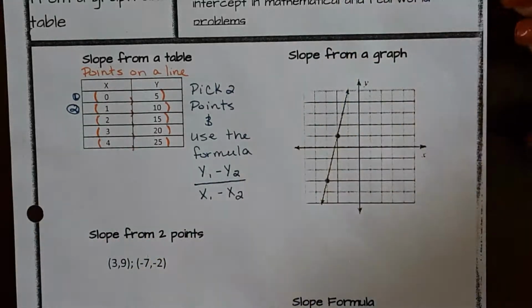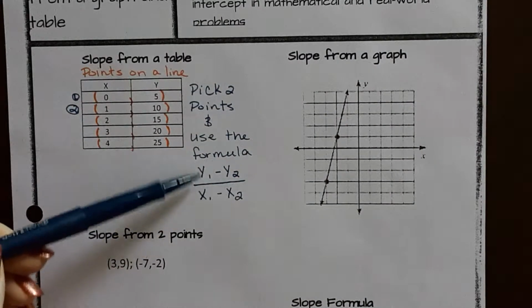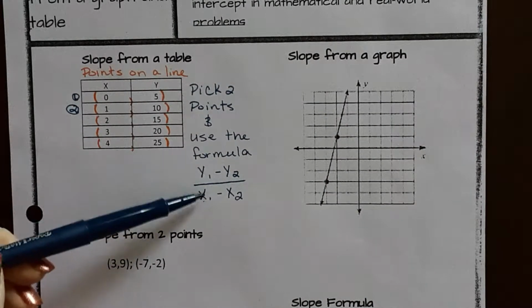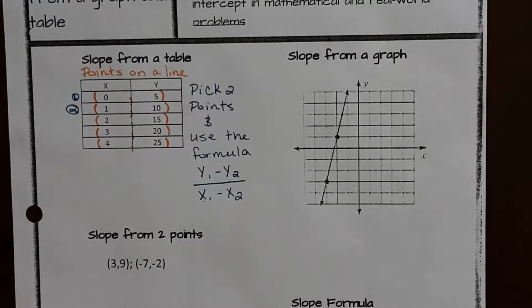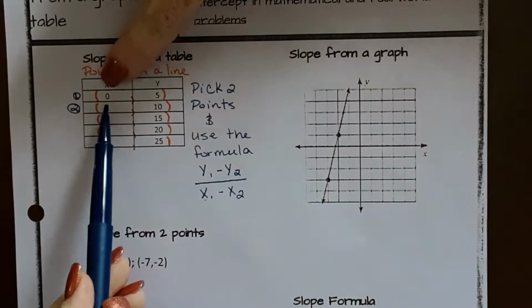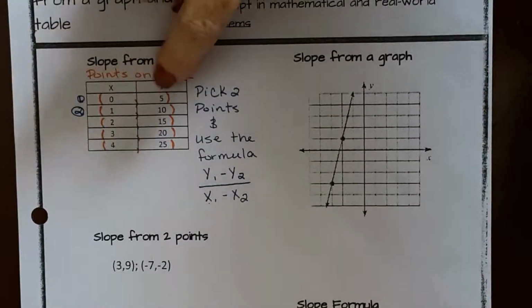Now, it's important that you pair them correctly. It's important that the numbers from the same point that you've picked are standing on top of each other. Otherwise, you'll be finding the slope of a different line. So in this case, my first point is this 0, 5.